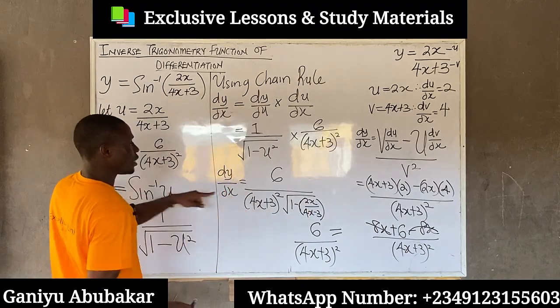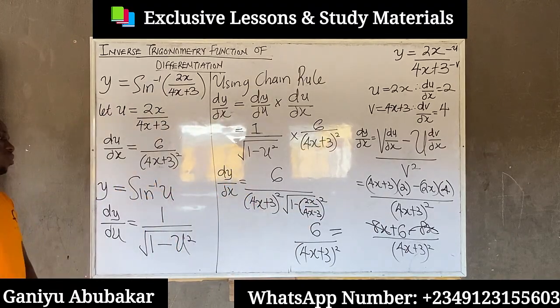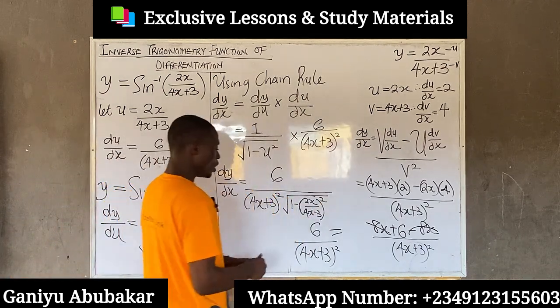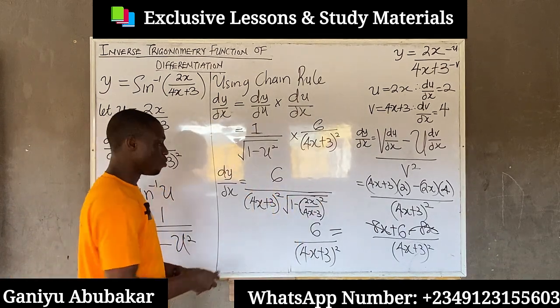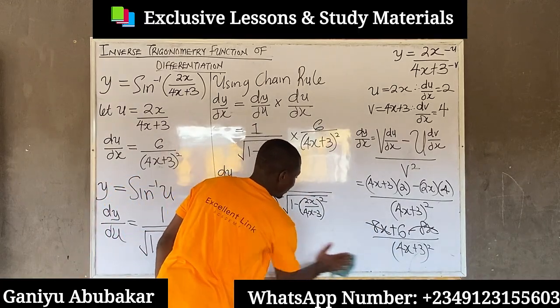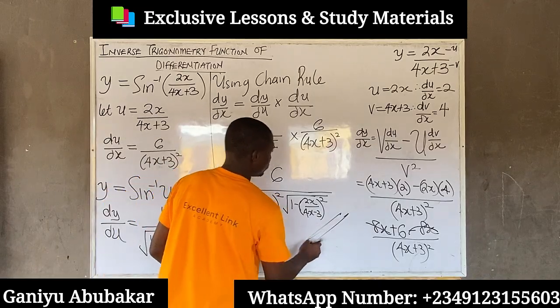That's for u, then I have my square here. This is how you express this concept. If you want to, you can go ahead and simplify, but I'll choose to stop here.